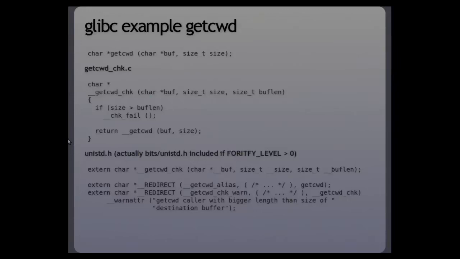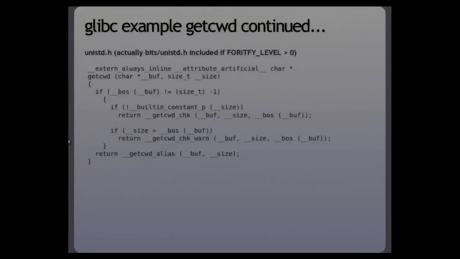It directs the checked version to another alias called warn, which has an extra attribute, a warning attribute that the compiler can see, and then the magic.